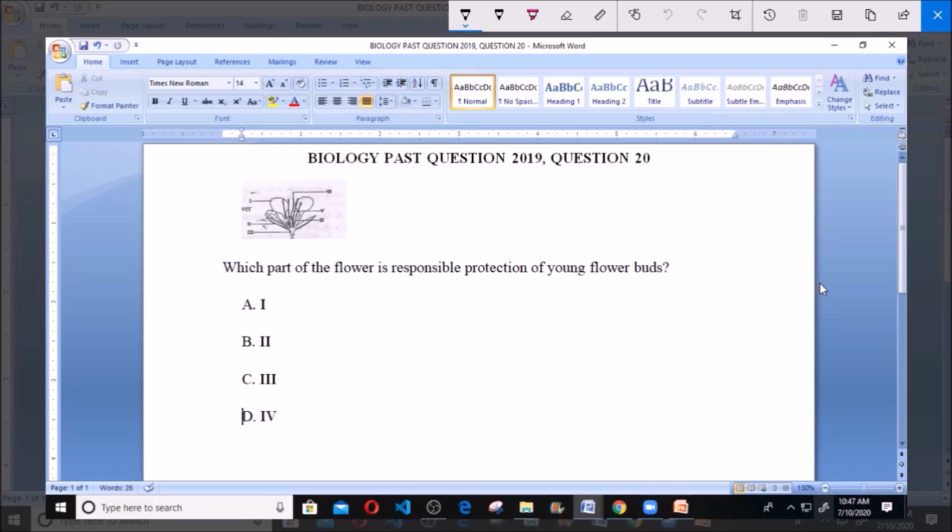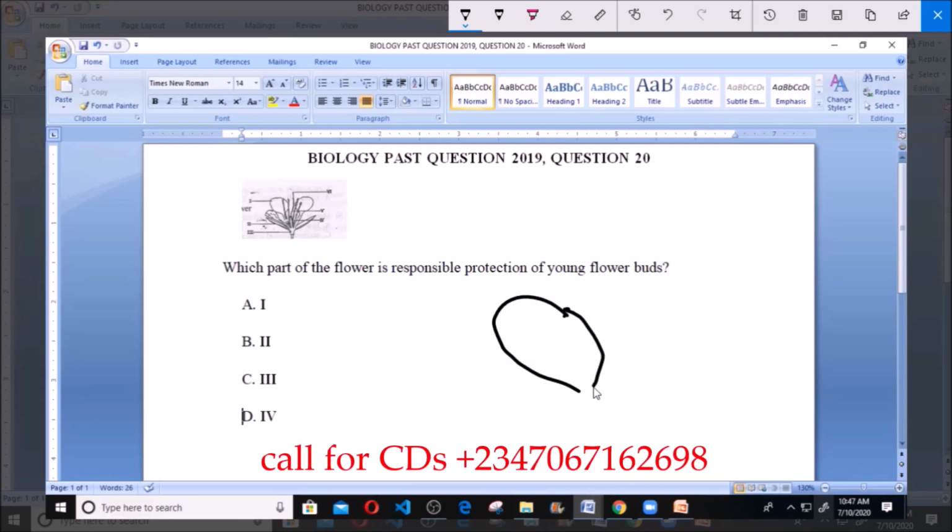Today we'll be working on Biology Past Question 2019 and we'll be solving question 20. It says, which part of the flower is responsible for protection of young flower buds? Now let's give a little sketch of the flower just as it is here.